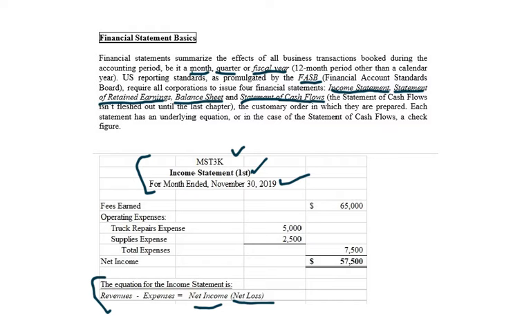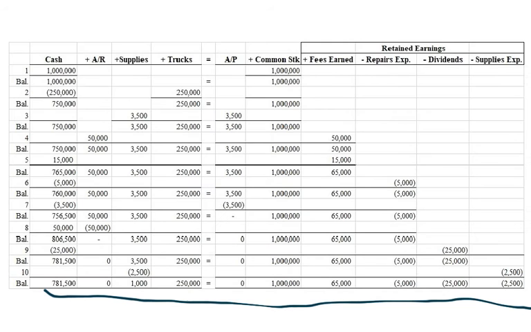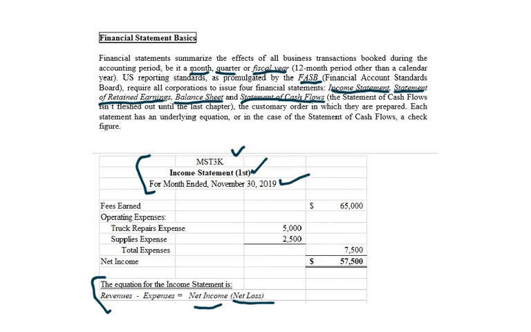All right, so for this example, our revenues were fees earned right there, and that totaled $65,000. So we're just going to plug that number in like so. In another video, we'll talk about what operating expenses are, and I can give you the short answer right now: almost all your expenses in the business are pretty much operating in nature.